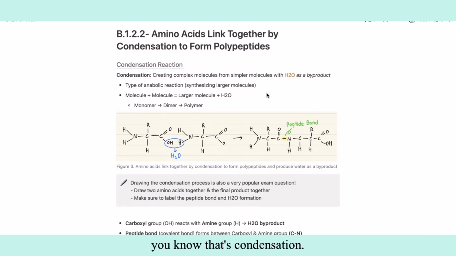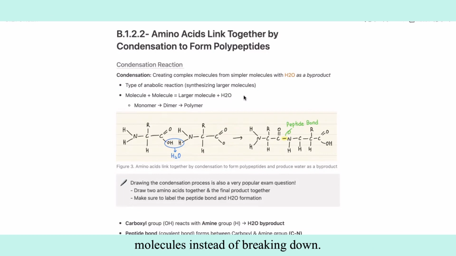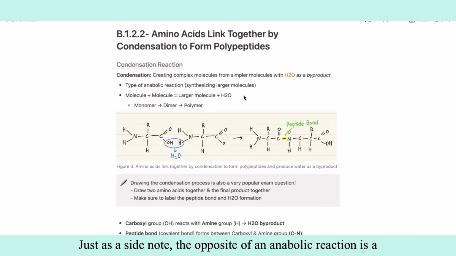That's condensation, and H2O is made as a byproduct. It is a type of anabolic reaction because it synthesizes larger molecules instead of breaking down. Just as a side note, the opposite of an anabolic reaction is a catabolic reaction, which is when molecules are broken down.